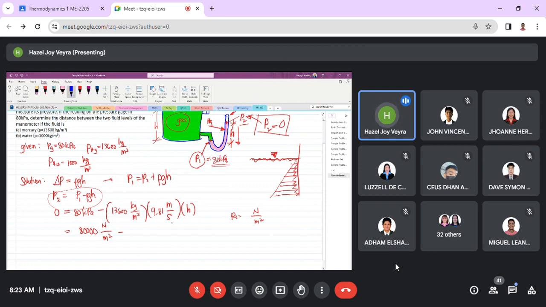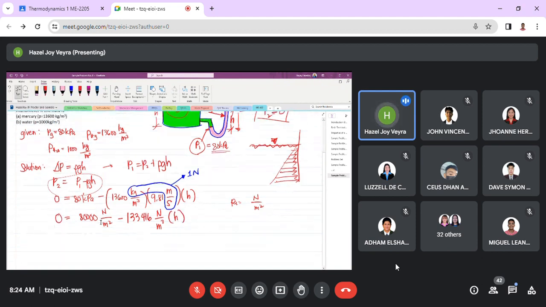Tandaan nyo guys, pag nakita nyo agad to, this is already 1 Newton. So 13,600 times 9.81 is 133,416 Newton per meter cubed, times height equals 0.